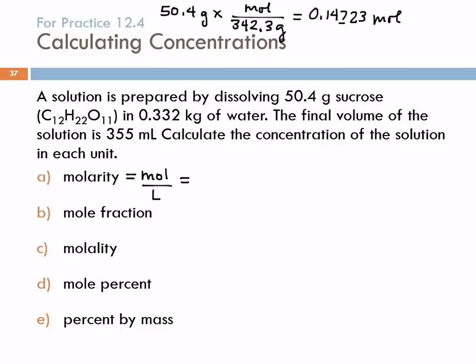That is my moles of solute. So 0.1473 moles. And I need the volume of solution in liters. Well, it's 355 milliliters. I need to divide that by 1,000 to get liters, so that's 0.355 liters.